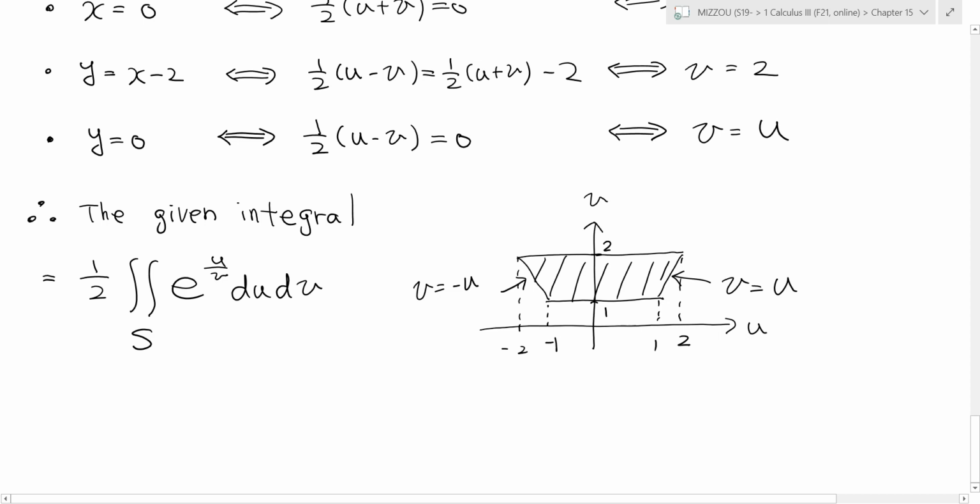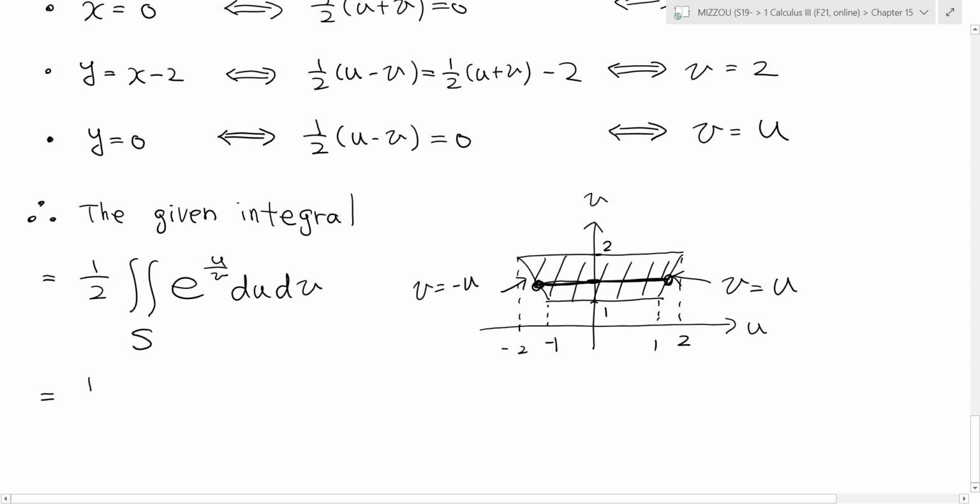This is just a double integral. So you pick one of the variables, fix it, and integrate with the other. In this case, it's better to do it this way. You fix v. For each fixed v, your u value varies from this side to the other side.